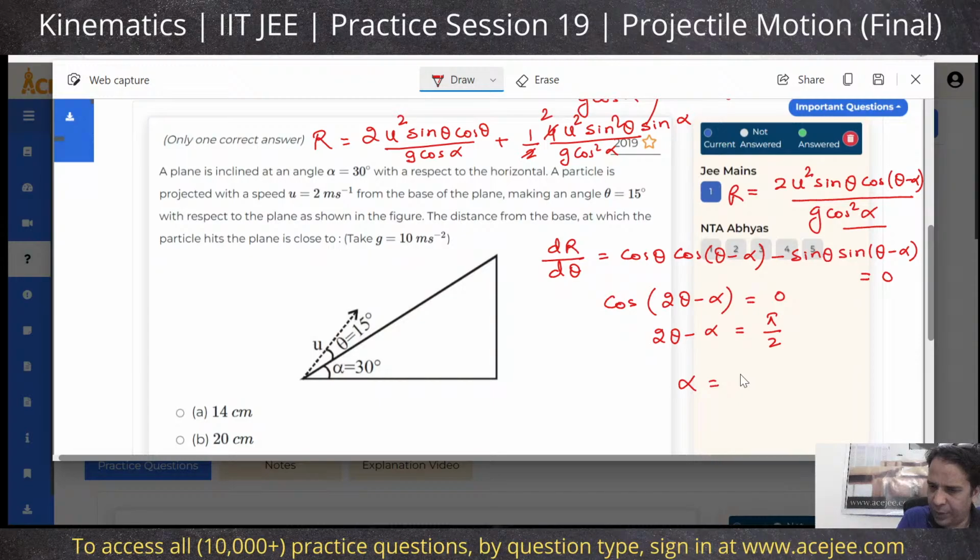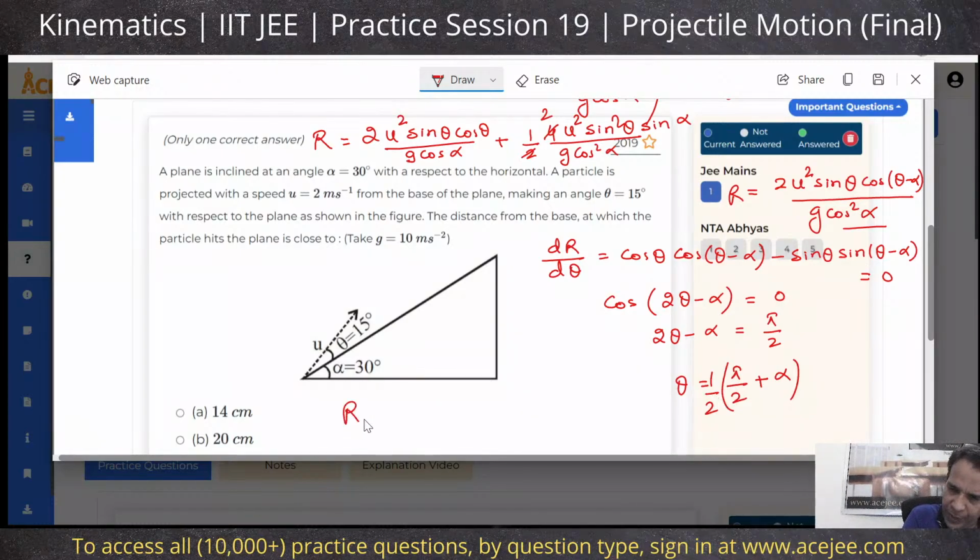Sorry, theta is equal to pi by 4 plus alpha by 2. Earlier we had it the other way, so we had pi by 4 minus alpha by 2. Now if you substitute this back, what do we get for range?